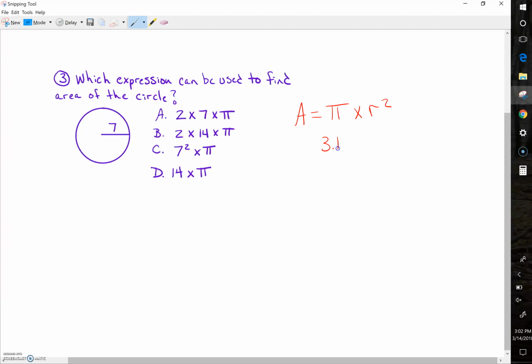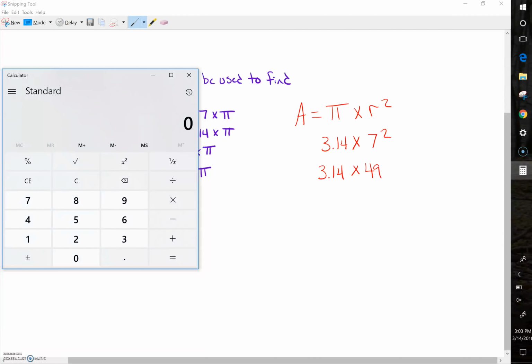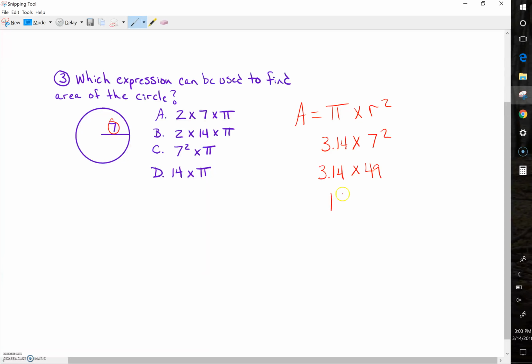So that would be 3.14 times the radius of 7 squared. 7 squared is 49 times 3.14. So we get 153.86. So that's the answer.